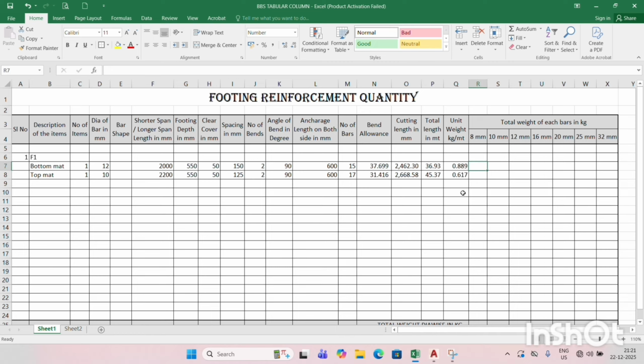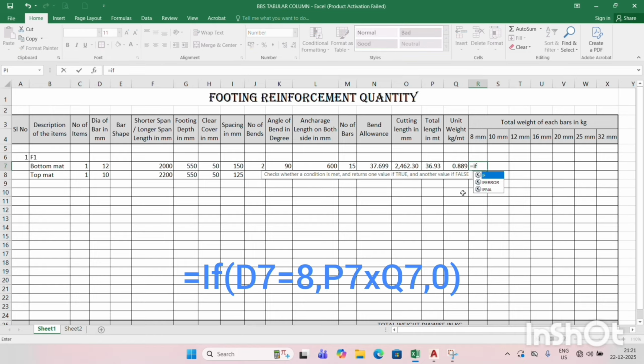We have one IF conditional formula. What does the IF conditional formula say? When the condition is true, it will multiply. Otherwise, it will give the zero result. So this is equal to IF open bracket. What is the logical test over here?